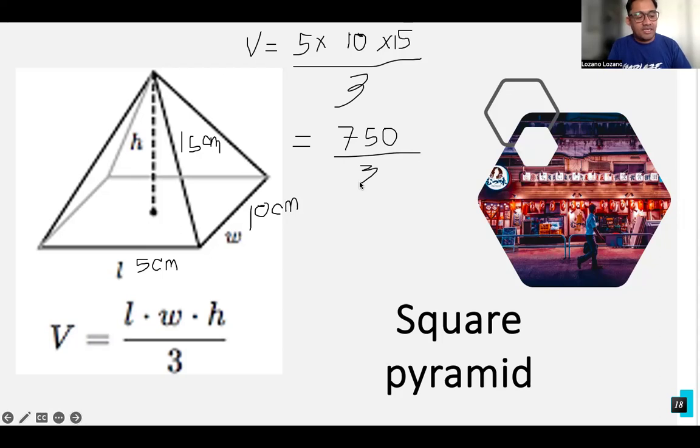Divided by 3, that is, very good, the volume of our square pyramid, that is 250 centimeter. Again, unit of measurement, that is cube. Okay. So, it is easy, right? It is easy. You know that it is easy. Your formula is given in your worksheet.